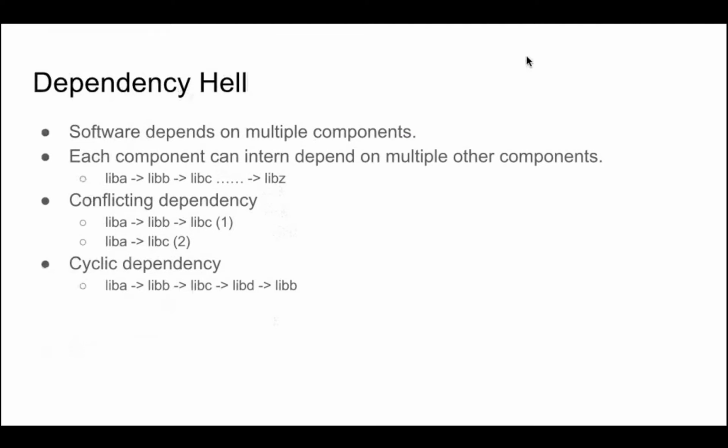When I said it sounds so simple, but it's not. Why? There are interdependencies between components. You have one component which depends on another component, lib A to lib B to lib C, and finally it depends on lib Z. So you want to run SSH.